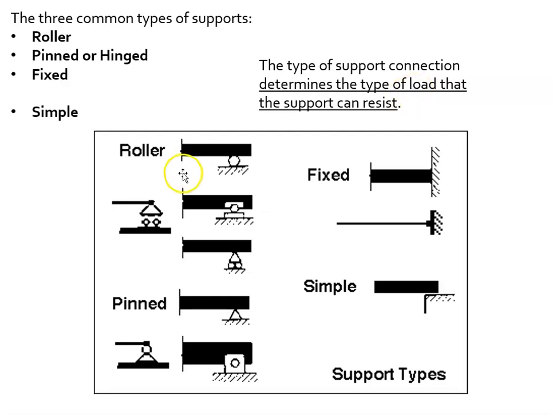Okay, so these are some graphics. They're a little fuzzy, a little rough. Here's the roller. It's on two rollers, two kind of cylinder rollers. So there's a roller and there's a roller. These are the beams, one, two, and three examples, and these are just graphics for explaining that that's a roller type connection.